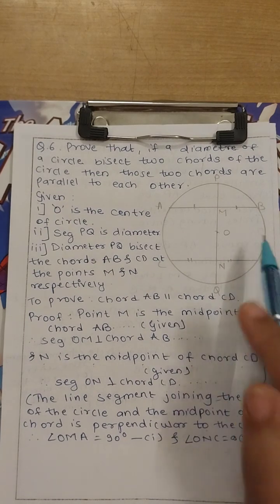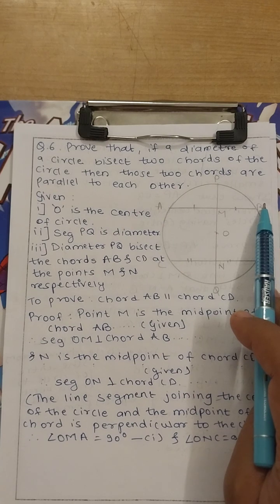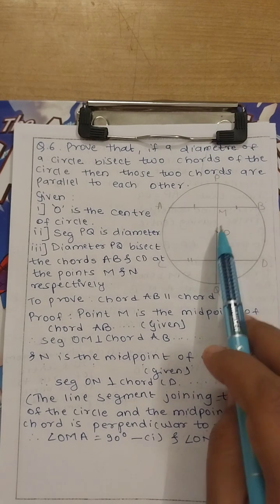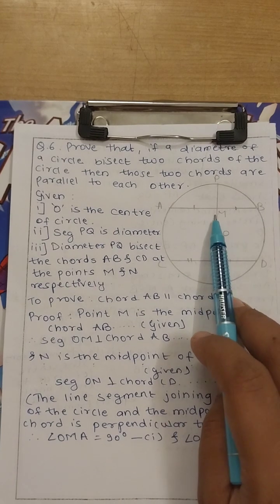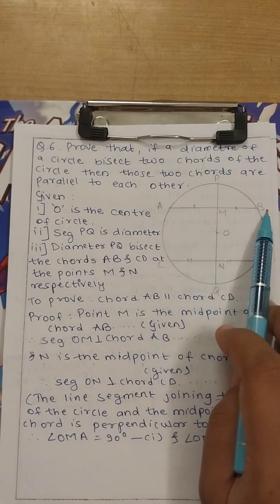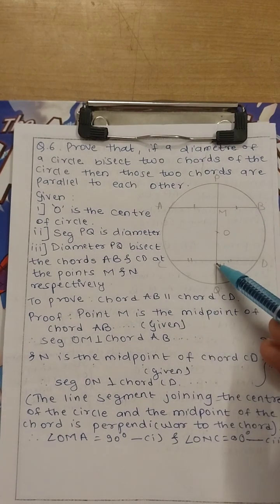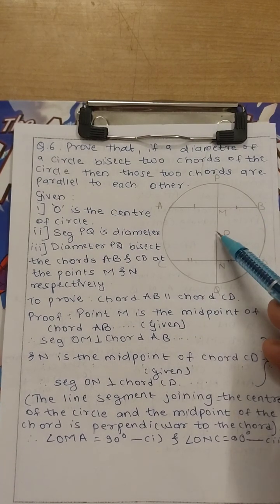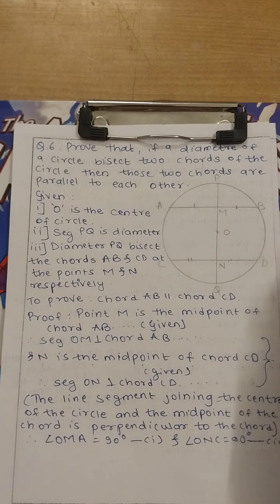Now let's start the proof. Point M is the midpoint of chord AB. It is given. Therefore, segment OM is perpendicular to AB. If M is the midpoint, then OM is perpendicular to AB. And next, if N is the midpoint of chord CD, then ON is perpendicular to CD. What is the reason?